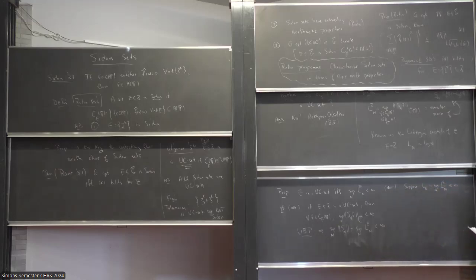Now let f be a continuous function that's Fourier supported in E. I need to show you now that automatically it has a uniformly convergent Fourier series.